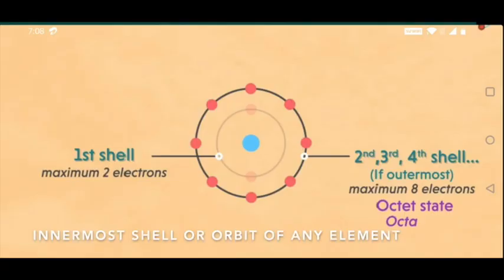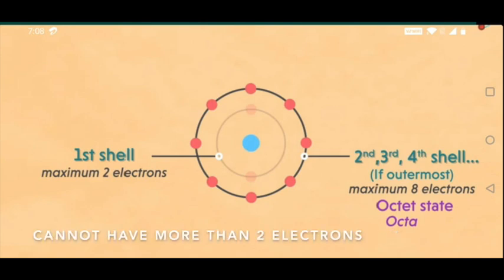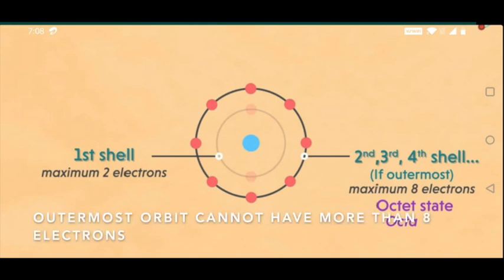First, the innermost shell or orbit of any element cannot have more than 2 electrons. And the second is that the second orbit and onwards, meaning second or third or fourth or fifth or sixth or seventh, any orbit other than the first orbit, if it is the outermost orbit, then it cannot have more than 8 electrons.